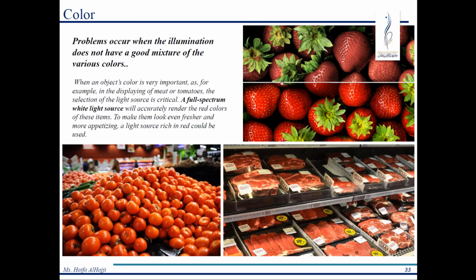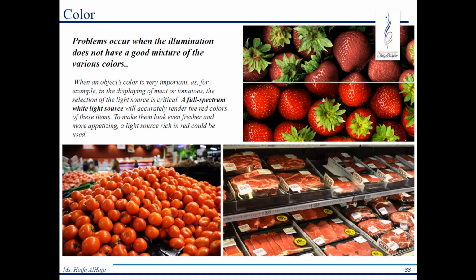For example, here is a comparison between two light effects on the strawberry. This strawberry looks fresher, although it's the same strawberry. As we can see in this image in here, some of the red light is not being reflected off, so it's going to look more pale. It doesn't look fresh. And the same thing applies for meat.